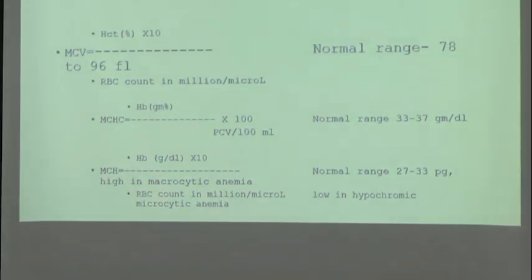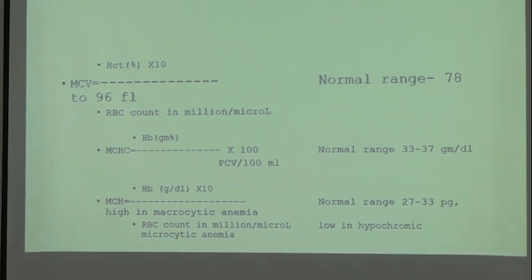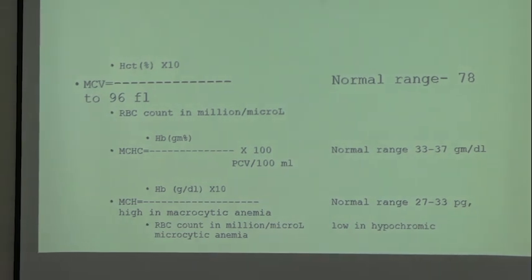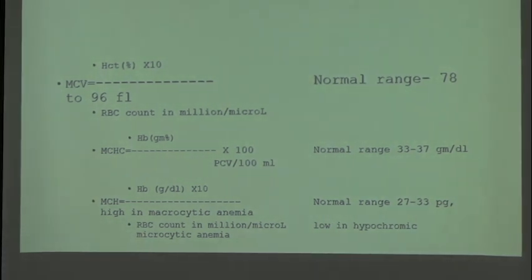This equation is okay. How do we derive it? For MCV we need the hematocrit. You will be doing it practically. A blood sample will be given, you will find the hematocrit value, and also estimate the RBC count.